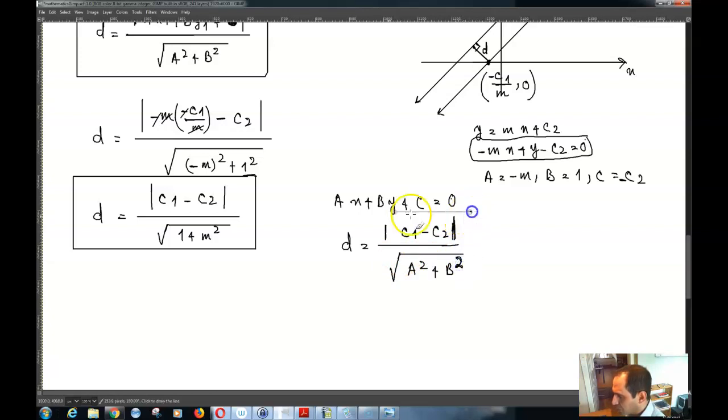That is the formula you would use to find the distance between the two lines. And you can derive this formula using the same procedure that we went through to derive the previous formula.